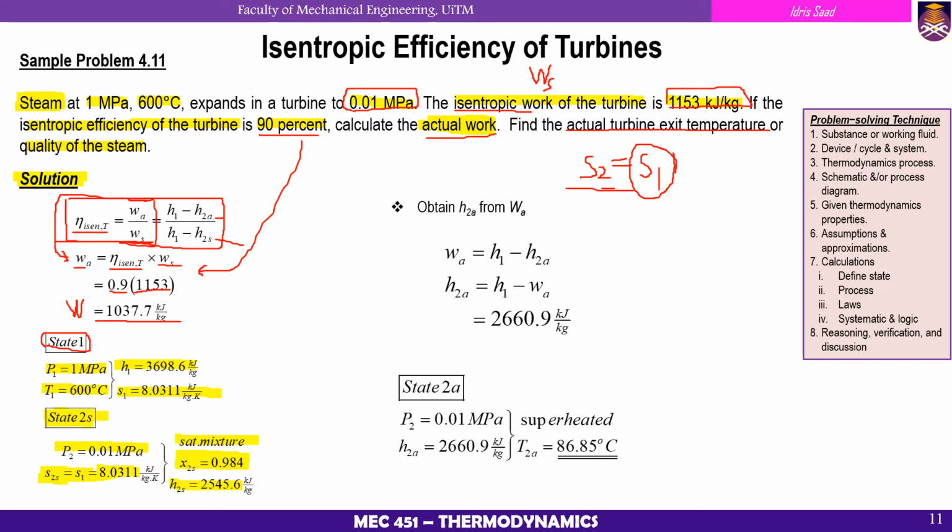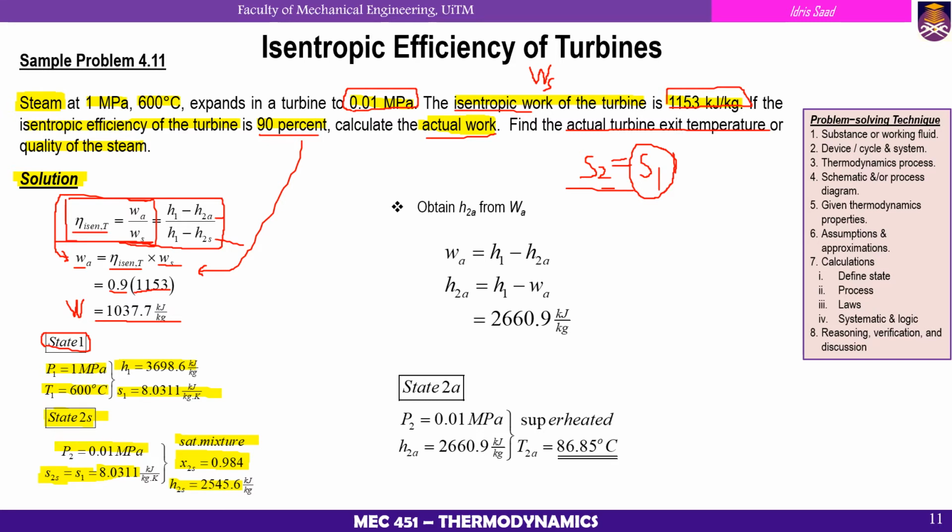If you find it in the saturated mixture, you can use the equation for the quality: X is equal to S2 minus SF divided by SFG. Then you can get H2. Similarly, H2S is equal to HF plus X HFG. Now we have H2S.